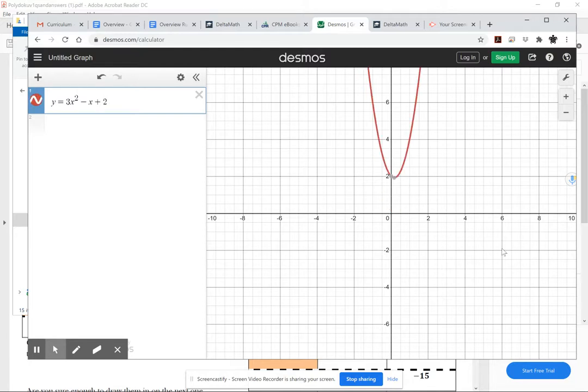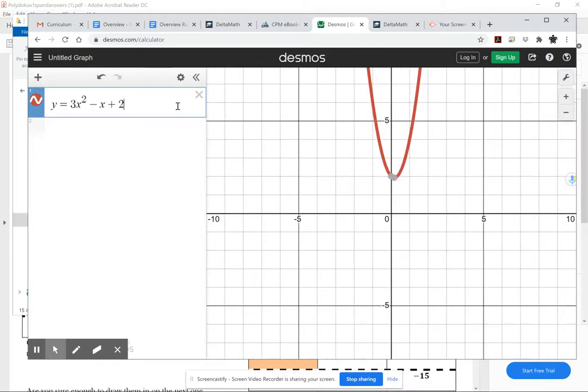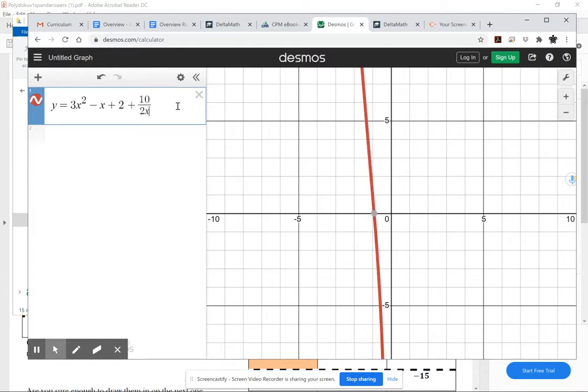The first thing we want to notice is that that's just a parabola. Okay, that's not that surprising. What happens when I add in a fraction here? Now my fraction was 10 divided by 2x minus 1. It seems to look nothing like that parabola.